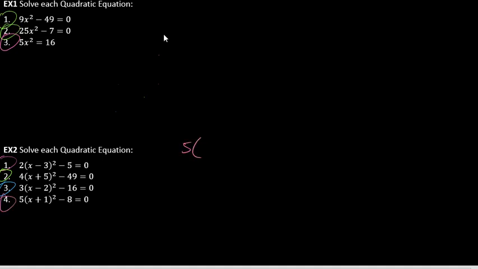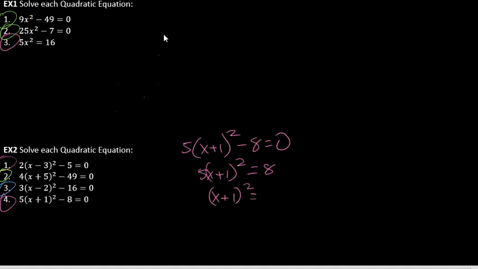So I've got 5 times x plus 1 all squared minus 8 equals 0. Add 8 to both sides. Divide by 5 on both sides. Take the square root of both sides.